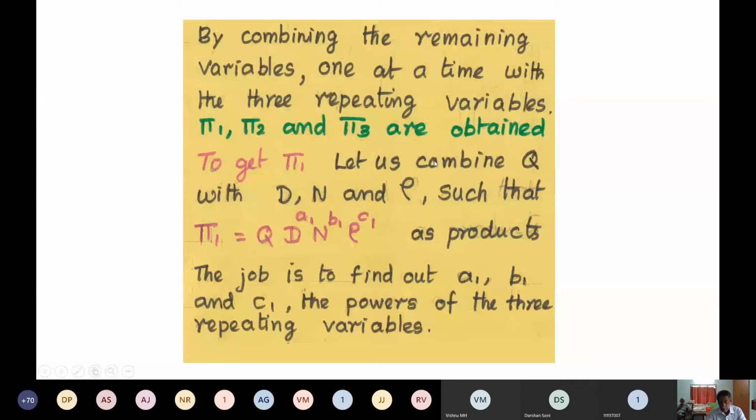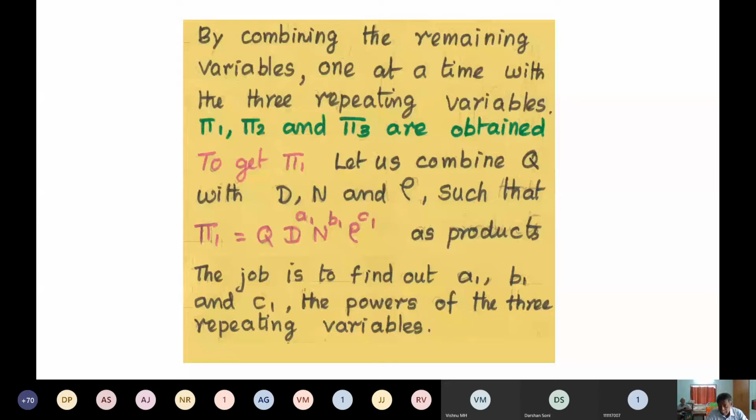So to get pi 1, let us combine Q with diameter D, N and rho, the 3 repeating variables, such that I can write the equation pi 1 is equal to Q into D power a1 into N power b1 into rho power c1 as products.